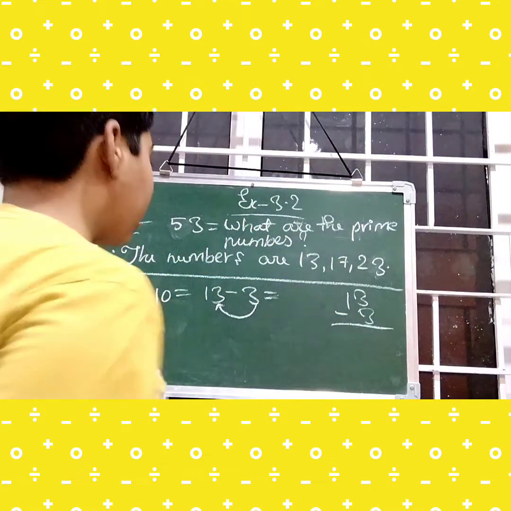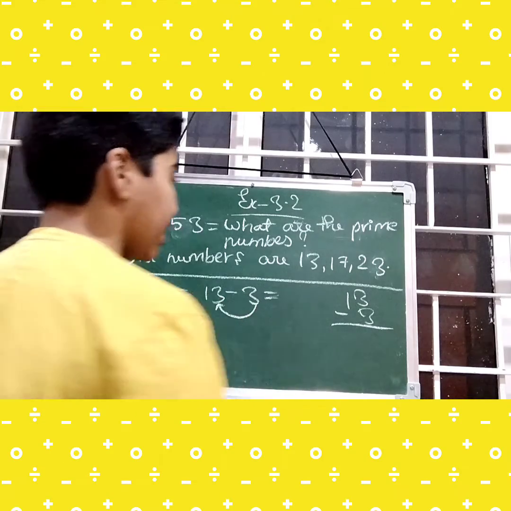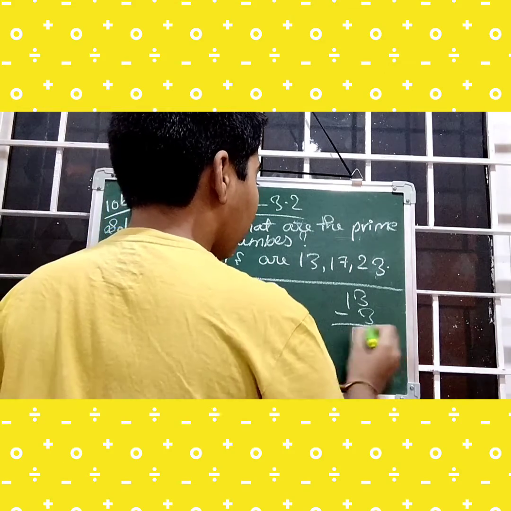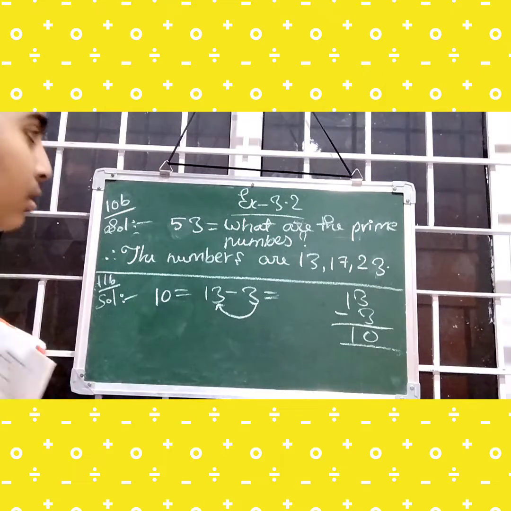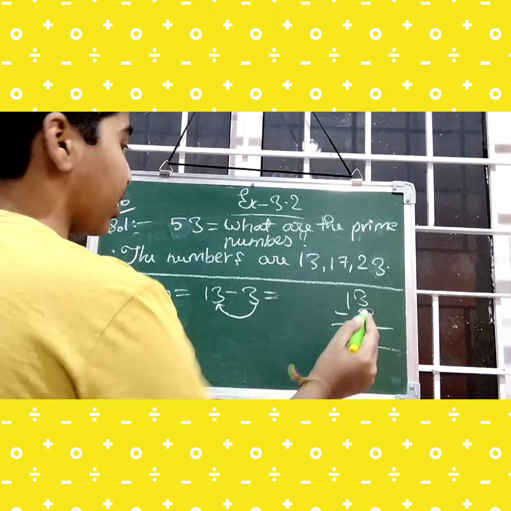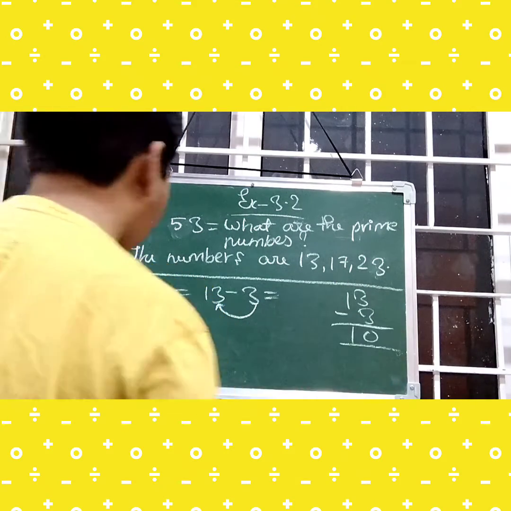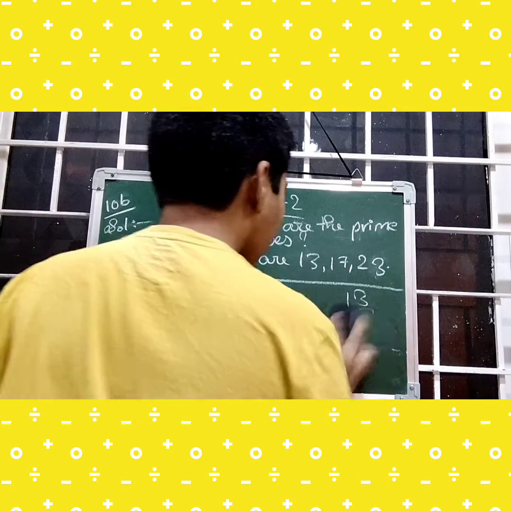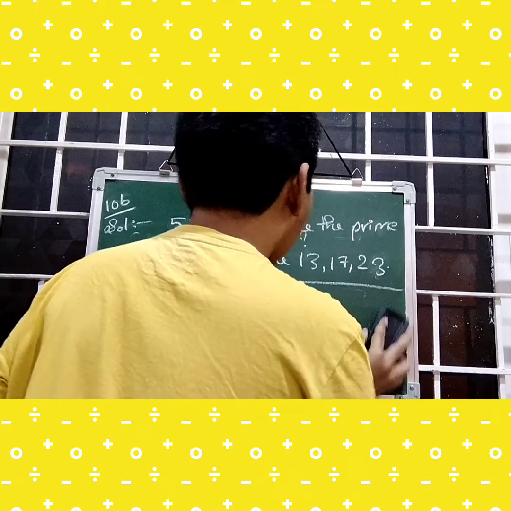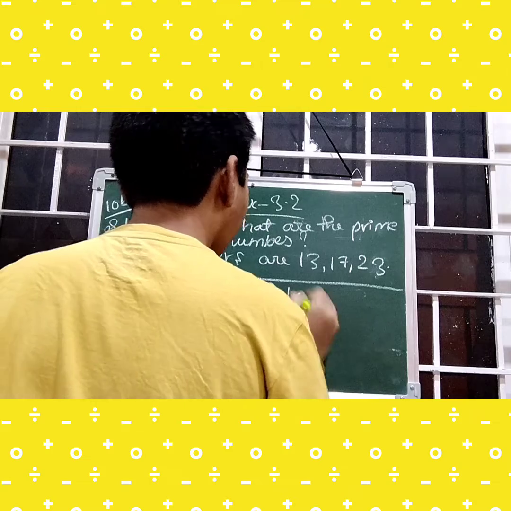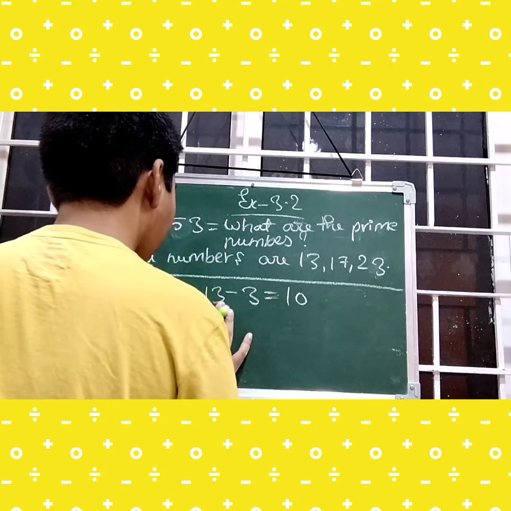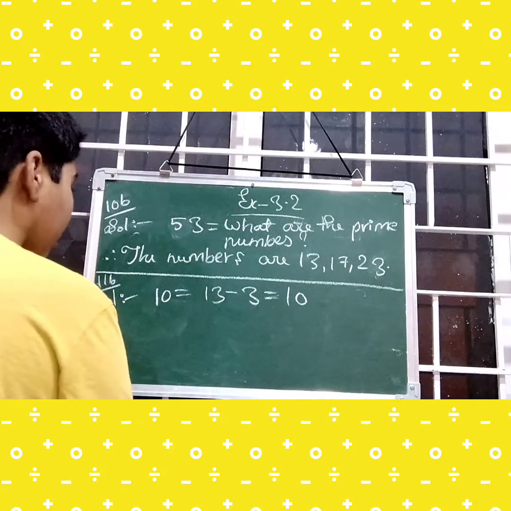So 3 minus 3 is 0. 3 minus 3 is 0, 1. So 10 will come. So this is the number 10. Okay.